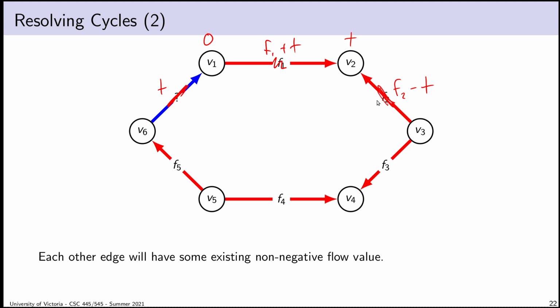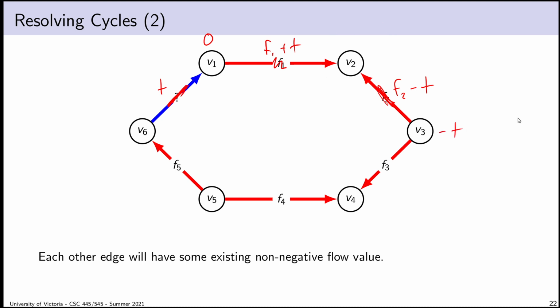Because now V2 is getting fewer units of flow from V3, which means when it gets extra from V1, it still balances to 0. You can verify to yourself that the incoming flows to this vertex still sum up to whatever they summed up to before. Whatever F1 plus F2 was before, the plus t and minus t cancel out, and V2 is still in equilibrium.